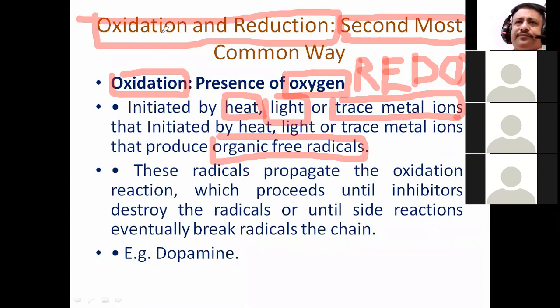Now these radicals which are formed lead to propagation. They propagate the oxidation reaction until the inhibitor destroys the radical or until a side reaction eventually breaks the radicals in the chain. For example, dopamine.